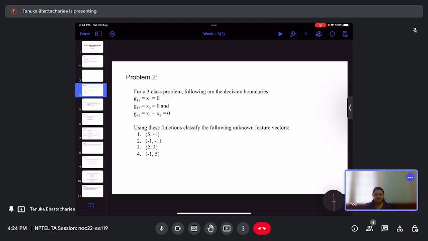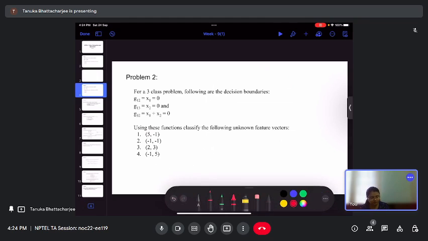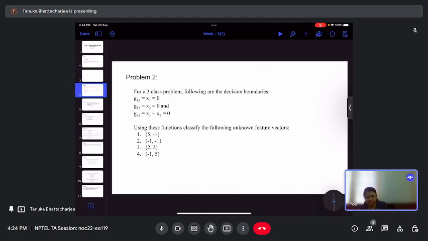Here, I have changed the decision boundaries. The first one and last one are the same: x1 equal to 0 and x1 plus x2 equal to 0 are the same, but G13 has been changed to x2 equal to 0. That is the new decision boundary for this class. This is the changed one.